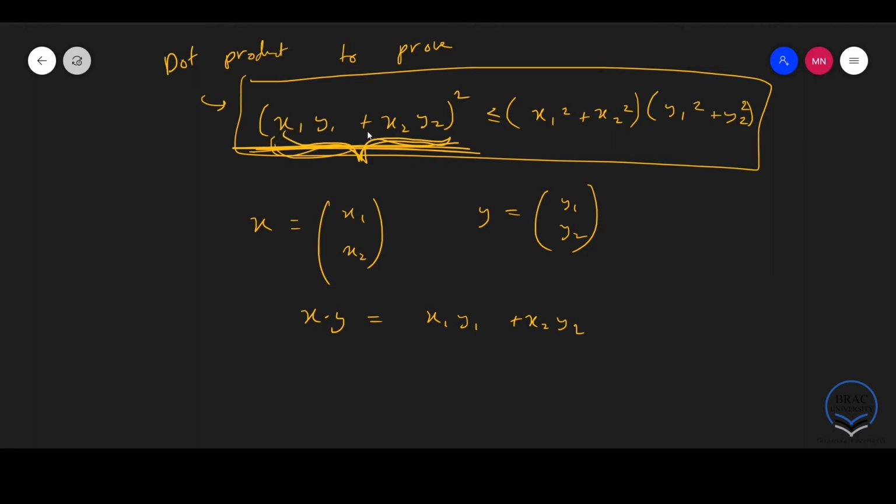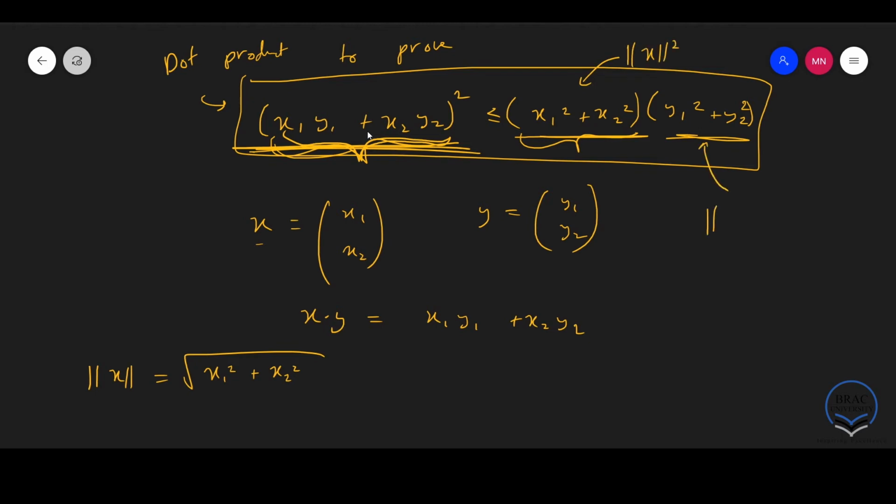And if I take a look at the right hand side, if I find the magnitude of x, this is just equal to the square root of x1 squared plus x2 squared, right? So this portion looks like just the square of my magnitude. So this just looks like my magnitude of x squared, and similarly this looks like the magnitude of y squared, right?